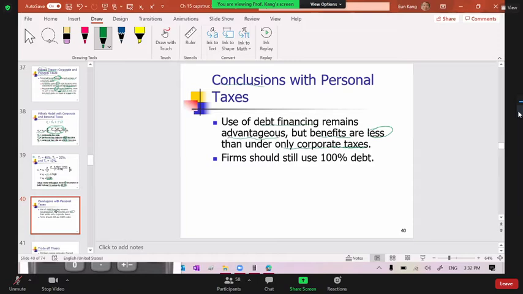So this is the only benefit of this paper, because the conclusion is that firms still have to use 100% debt to maximize their value, because the more debt, the higher the value. So that conclusion doesn't change. So the value of the paper is not just the complexity of the paper, but what? The implication of the paper, the conclusion of the paper.